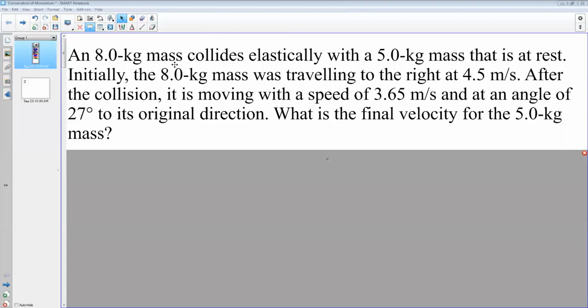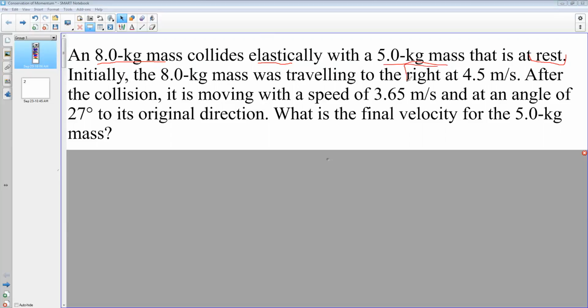Second thing, let's take a look here. We have an 8 kilogram mass that collides elastically with a 5 kilogram mass that is at rest. Here's the important bit, rest, because this is going to be dealing with our initial. The 8 kilogram mass was traveling to the right at 4.5 meters per second.